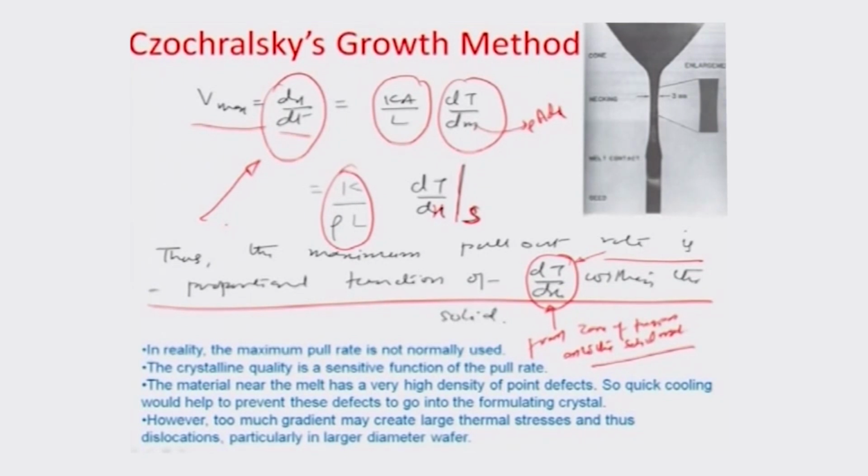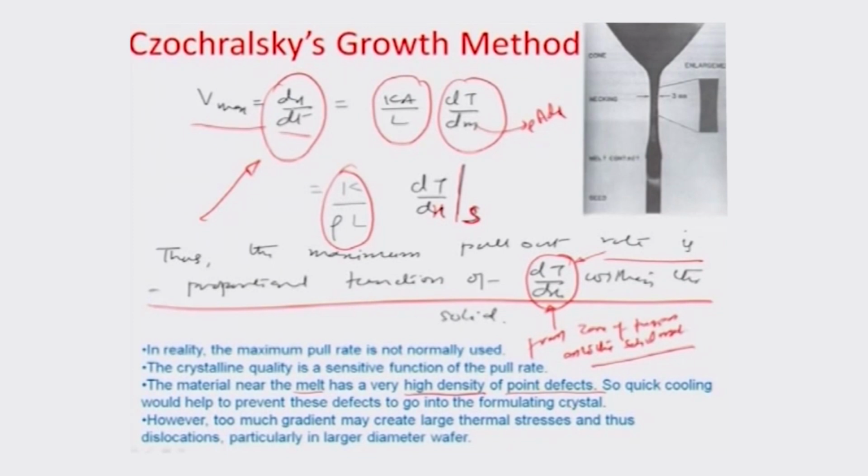So, normally the maximum pull rate is never used, and that is because if you give it very less time to form, then there is always a tendency of a lot of point defects, particularly in the zone of fusion nearer to the melt, and therefore, the point defect density would go up very high if the dT by dx increases.